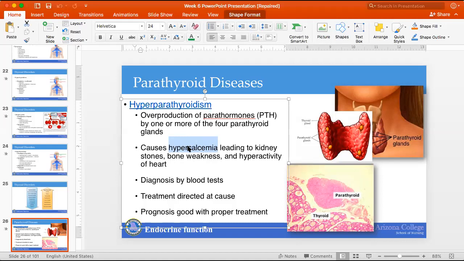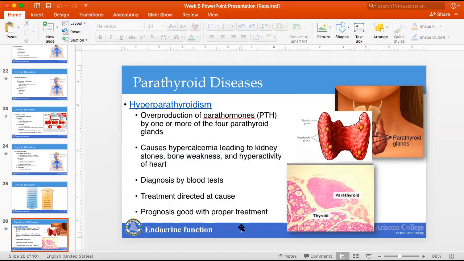So if you had too high or too low of calcium levels, it'd be dangerous for someone's heart, not just for bone. Obviously, we think about the bone when it refers to calcium levels, but you also have to think about the muscle. Diagnosis will be by blood tests, treatment directed at the cause. Prognosis is good with treatment.